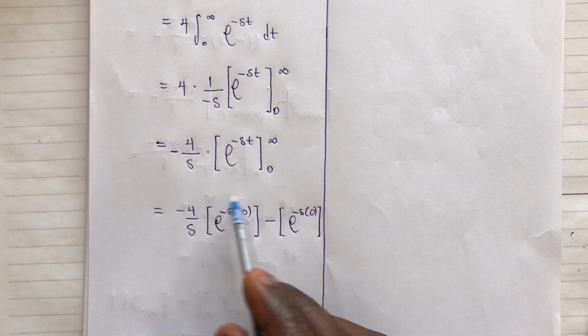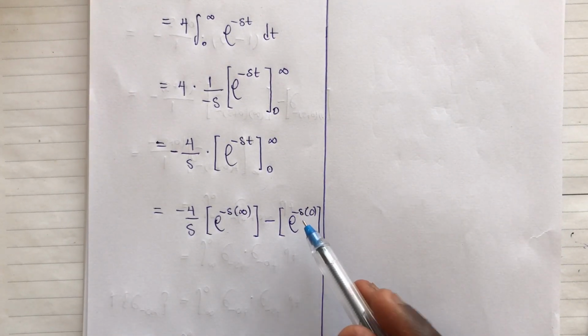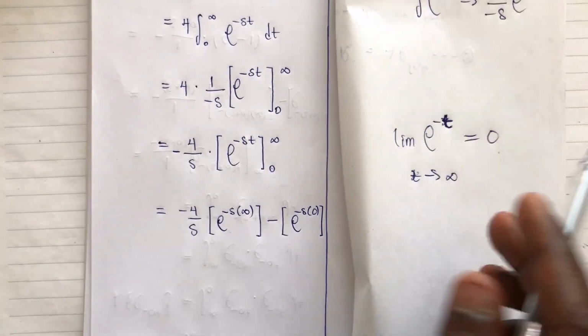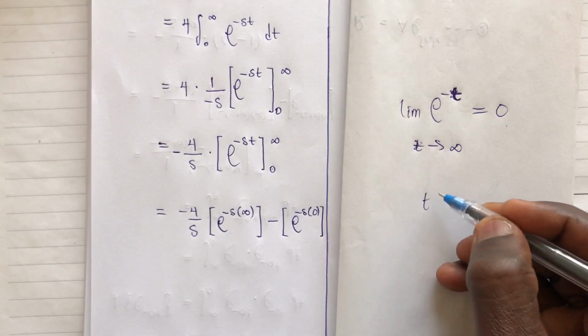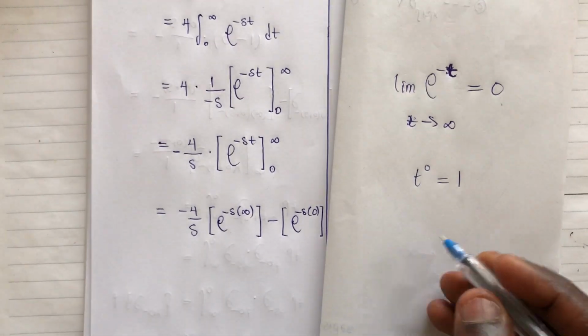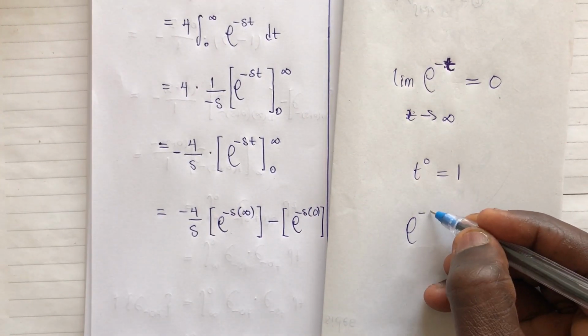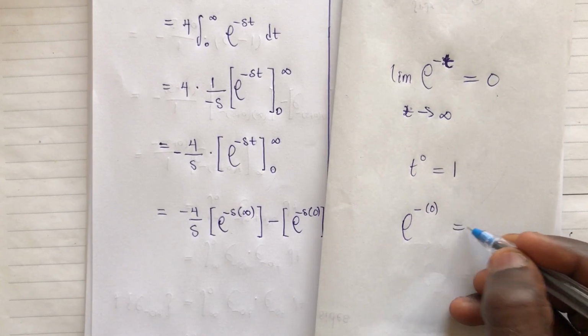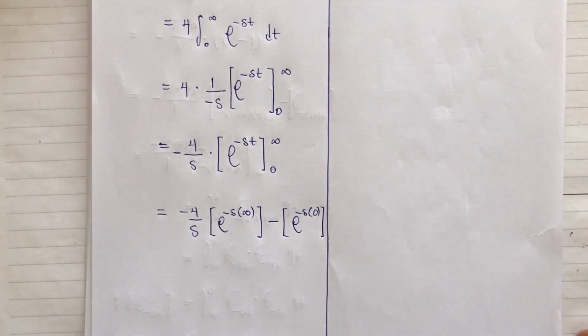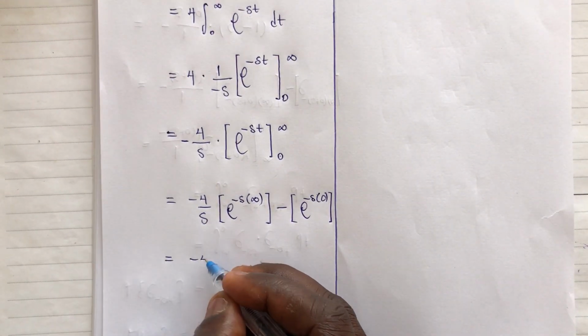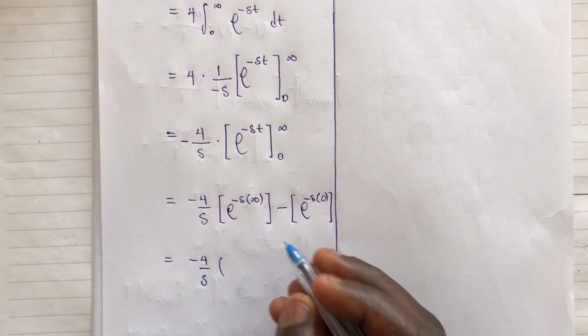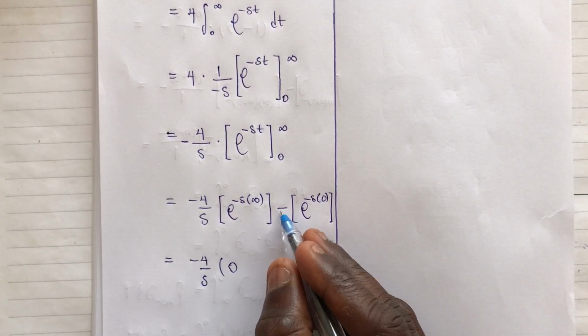Okay, so everything we have here is 0. Everything we have here is 1. If I raise a variable like t to the power 0, the result is 1. So if I have e to the power, let's say negative 0 or positive 0, the result is 1. Okay, so we have negative 4 over s multiplying this side, which is 0, minus 1.